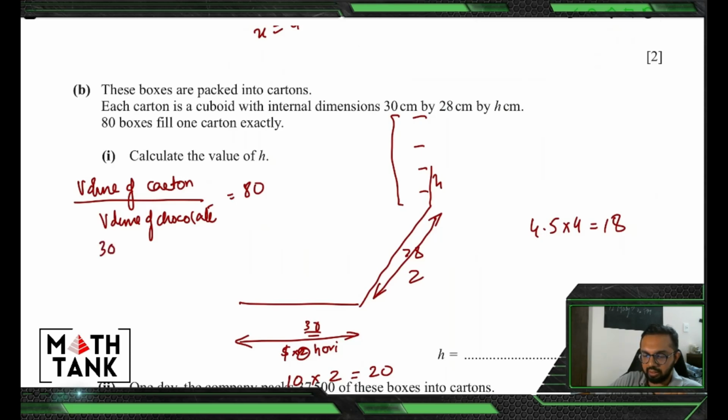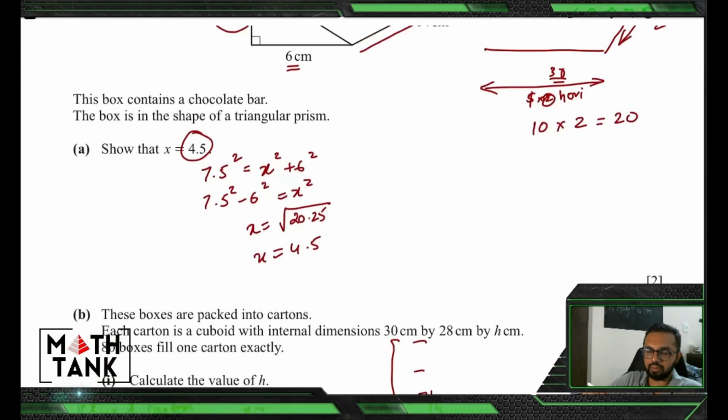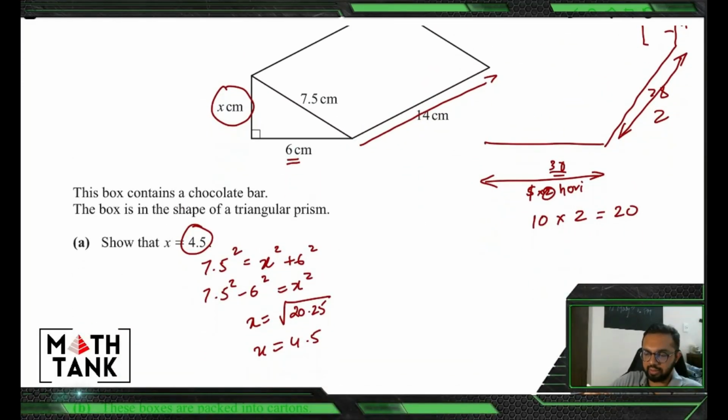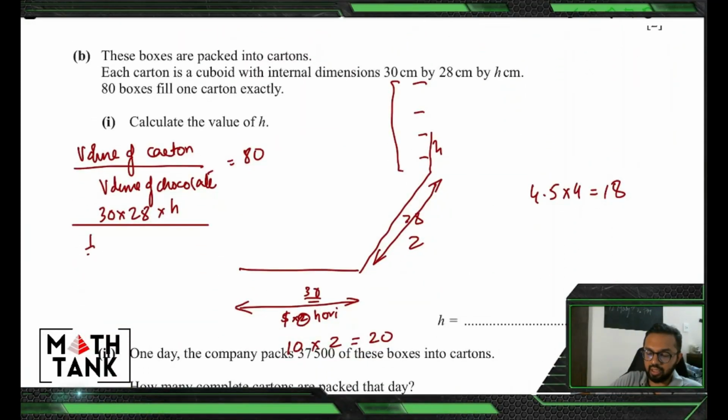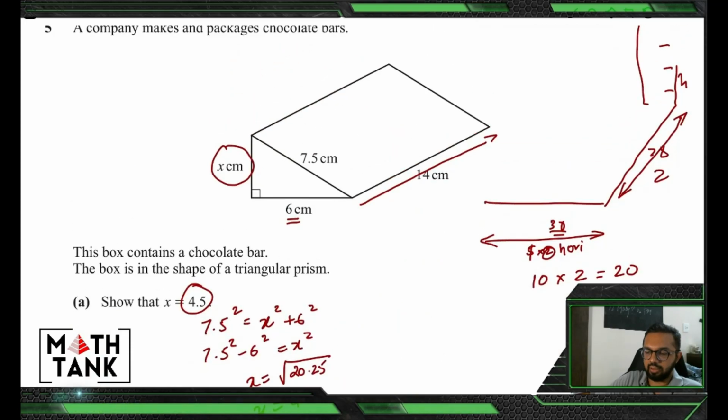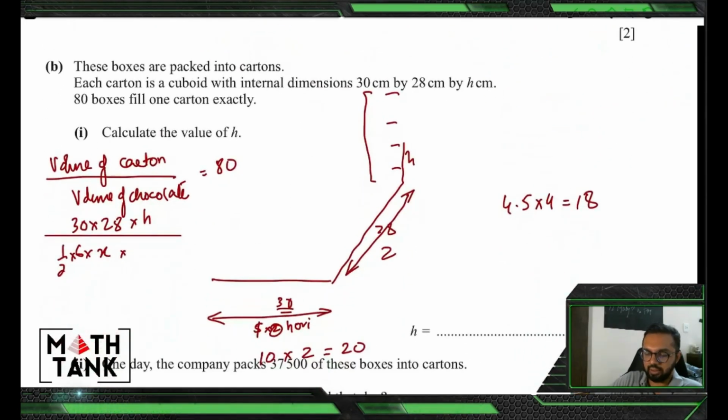It's 30 by 28 by h. Volume of chocolate is, it's a prism, so I'm going to say that its base area into height. The base area is half into 6 into x, and the length of this was 14, so I'm going to say that its base area into length and equals to 18. I think that should give you the correct answer for all of this as well.